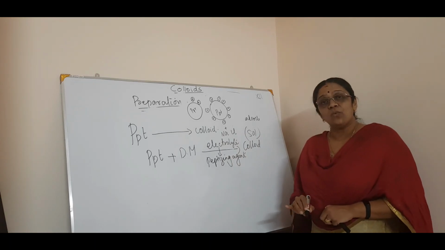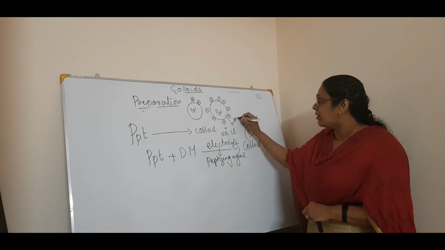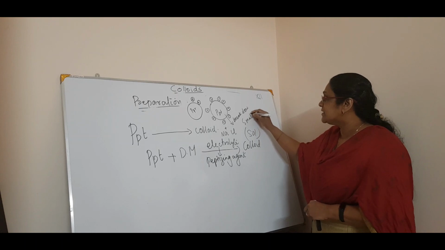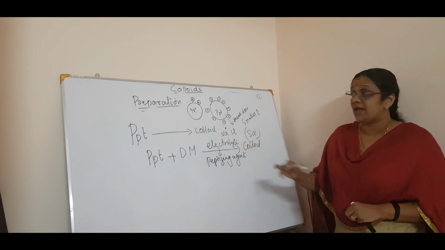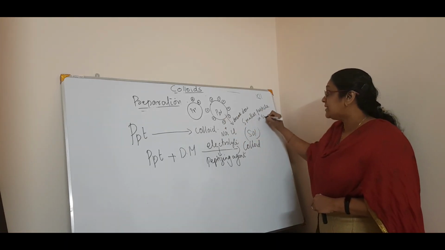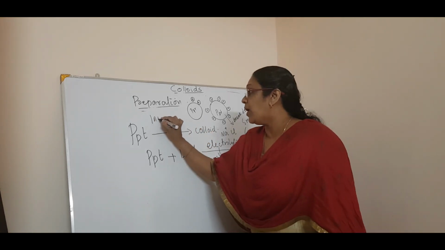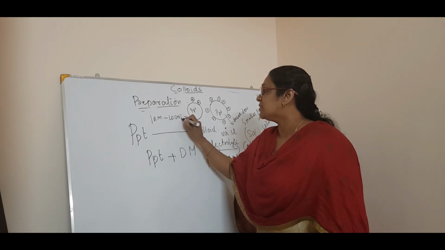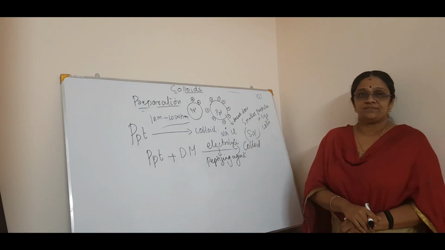Once it is charged, it will break down into smaller particles, in the size of colloids, that is the range between 1 nanometer and 1000 nanometer. That is the colloidal range.